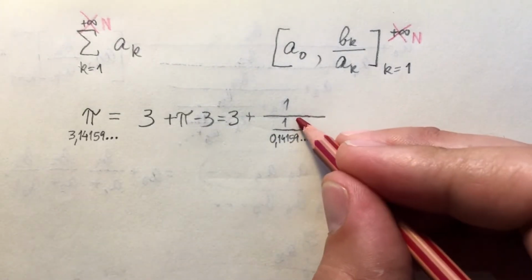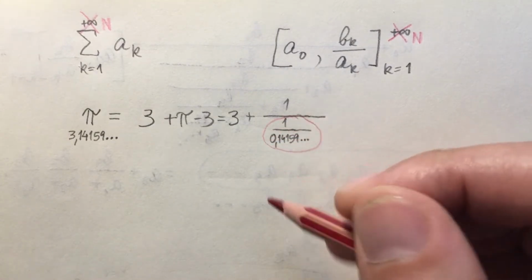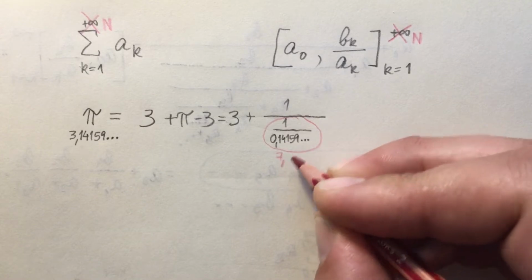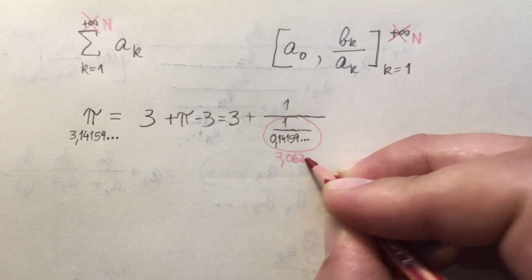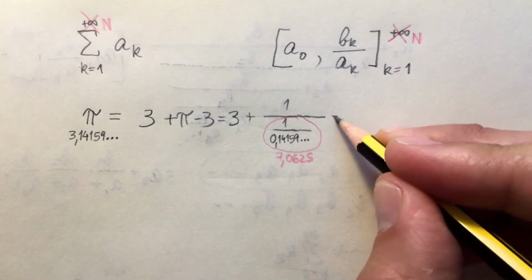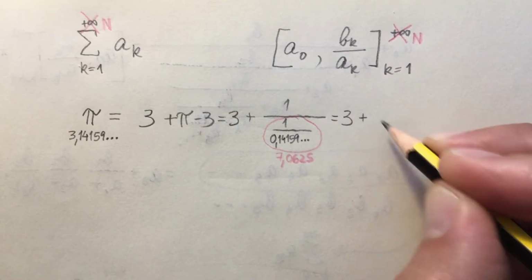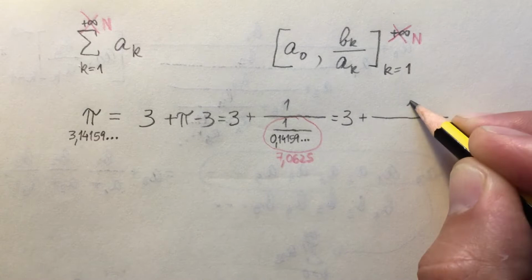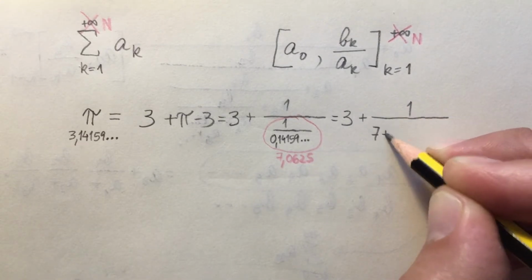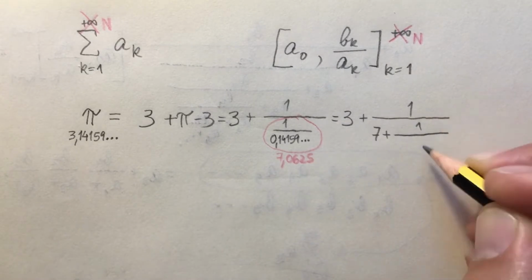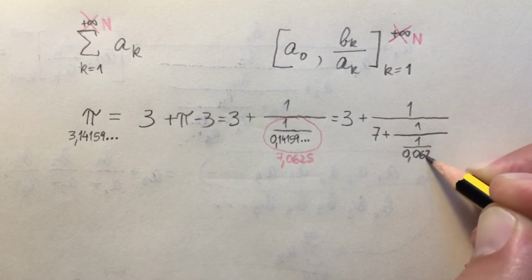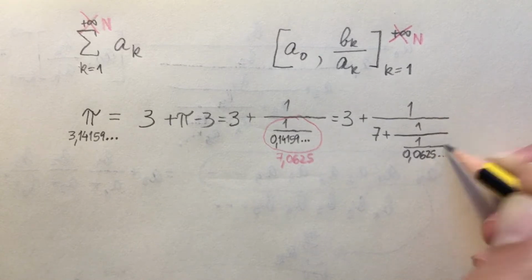Now we can calculate this, and the result is 7.0625 and so on and so forth. So we can again separate this into an integer and a fractional part. We will have here 7 plus 1 divided by 1 divided by 0.0625 and so on and so forth.